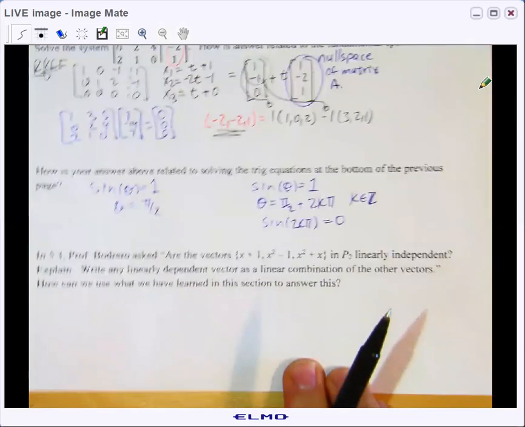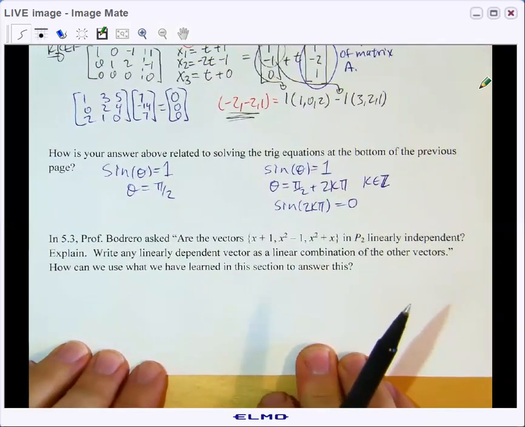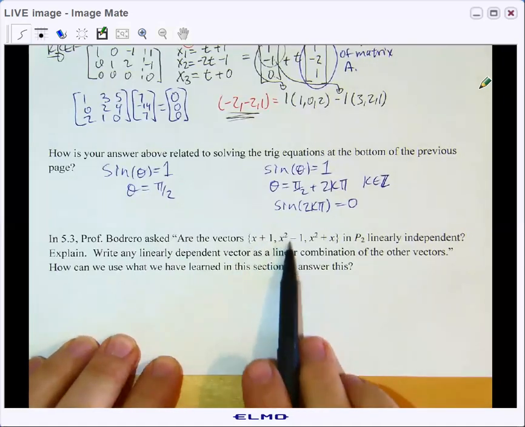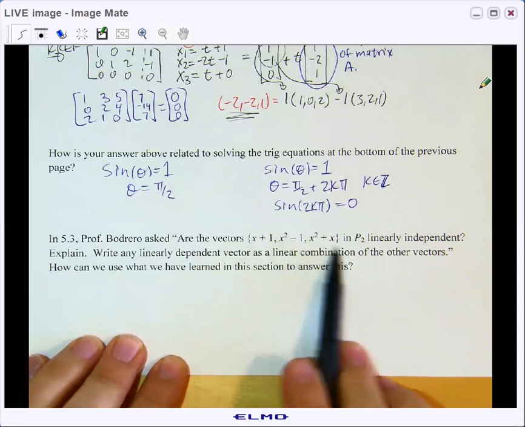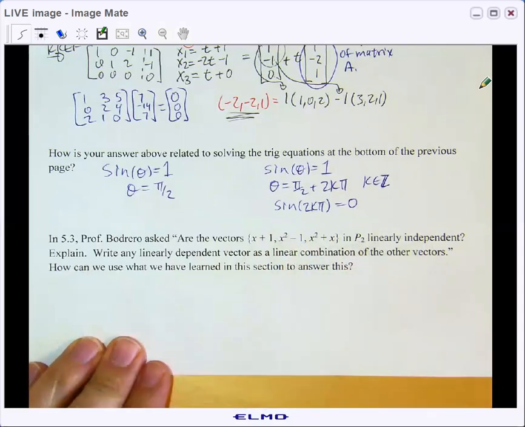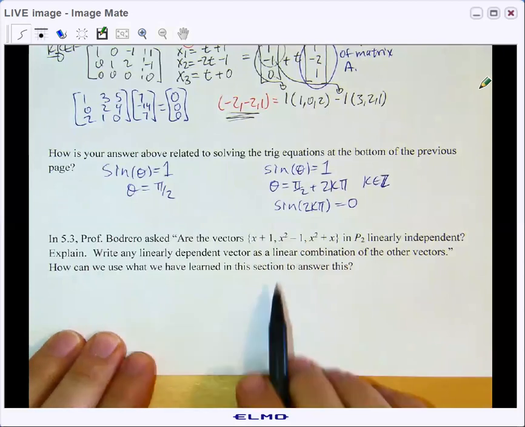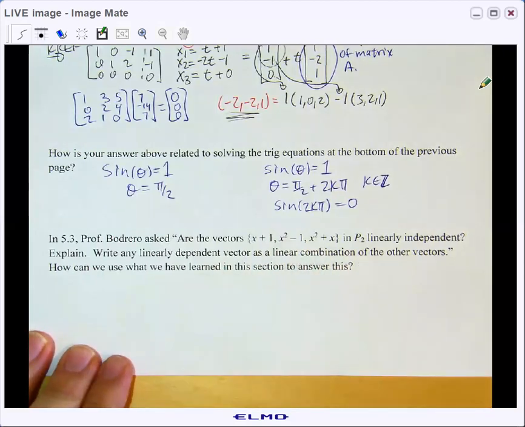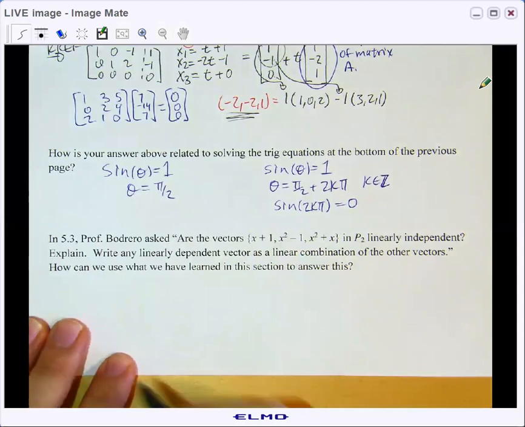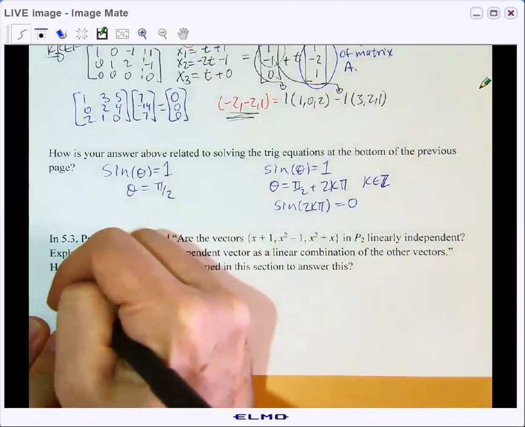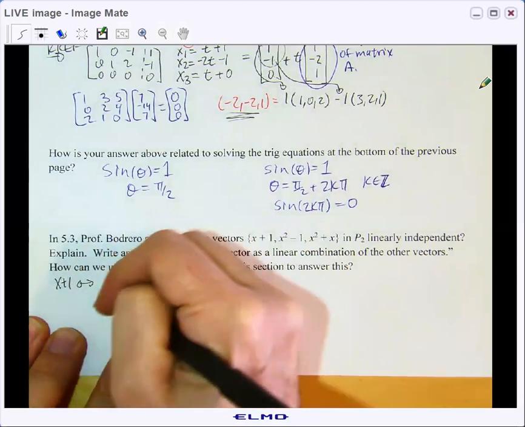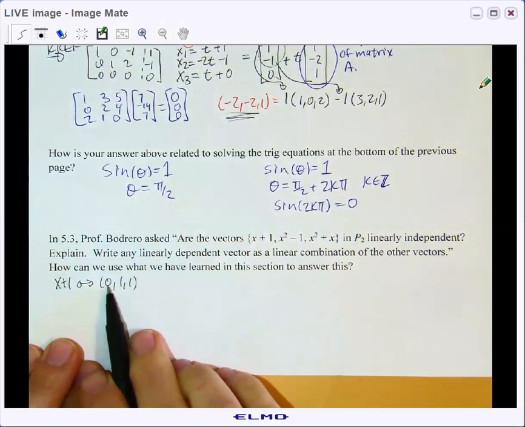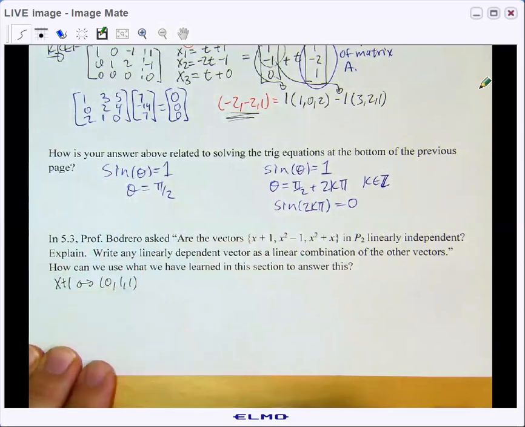All right, so finally, in section 5.3, I asked, are the vectors x plus 1, x squared minus 1, and x squared plus x in P2 linearly independent? And I asked you to explain and write them as linear combinations of the other vectors if we had any linearly dependent vectors. So what have we learned? Well, x plus 1 corresponds to the vector 0, 1, 1, where these are the coefficients of the x squared, the x, and the constant term.